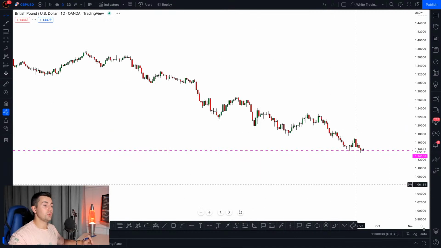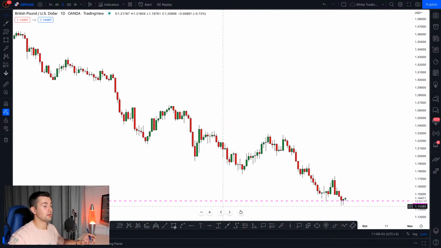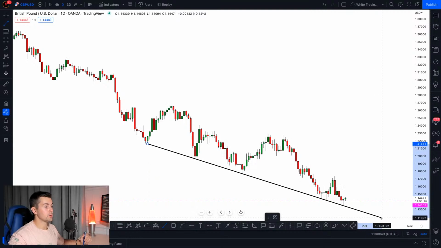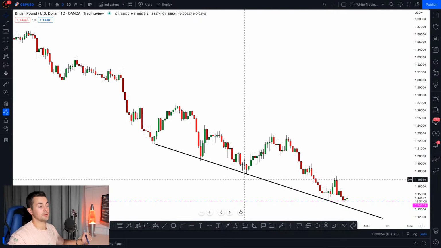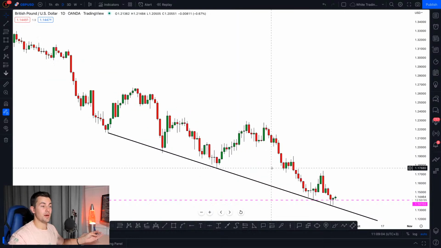Now returning back to the daily time frame and analyzing the price action based on the lows, here I spotted the trend line. Here we have a very nice falling trend line. You can see that for now it is a very strong vertical support, and you can see that very nice correctional movements started from that trend line in the past.